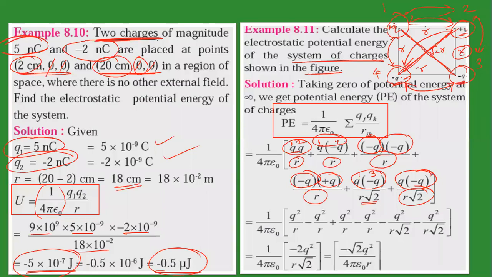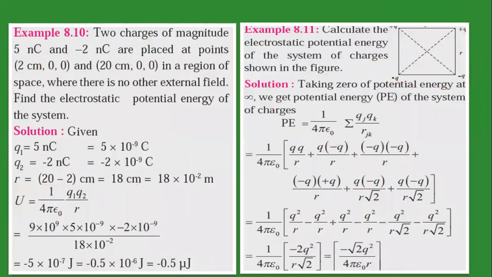Now we can substitute here: Q into Q, Q square; minus Q into plus Q, minus Q square; minus Q multiplied by minus Q, plus Q square; then again minus Q square, minus Q square, minus Q square, divided by the corresponding distances. After solving this, we get the answer. So I explained here how to find the potential energy of a multiple charge system, both a 2 charge system and a more than 2 charge system.